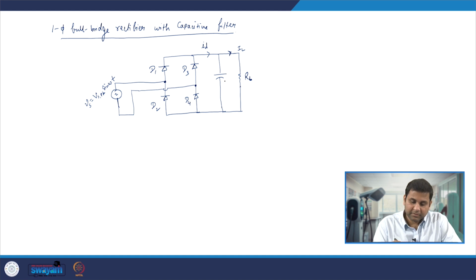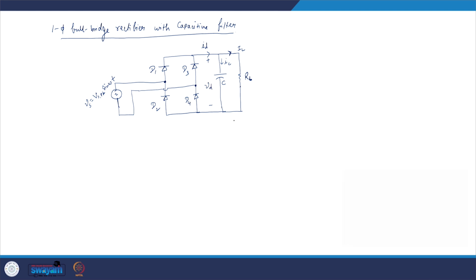Let us define the capacitance value as C, and the current going through it as IC. Let us define this voltage as VD, as we mentioned in the previous converter as well.